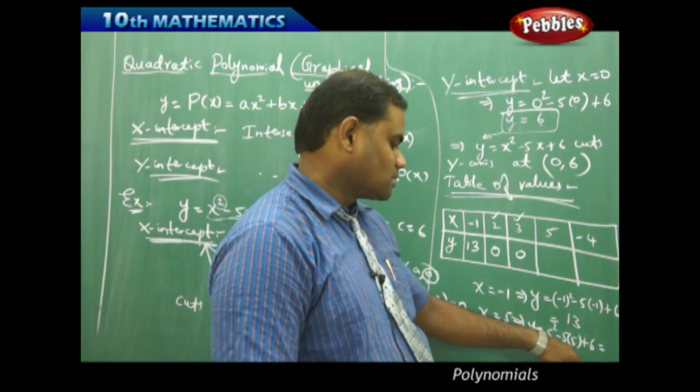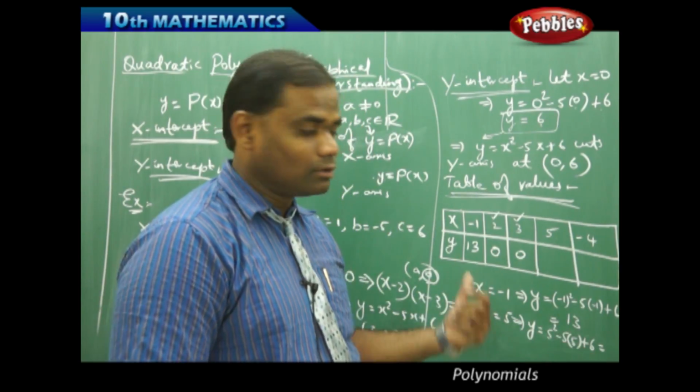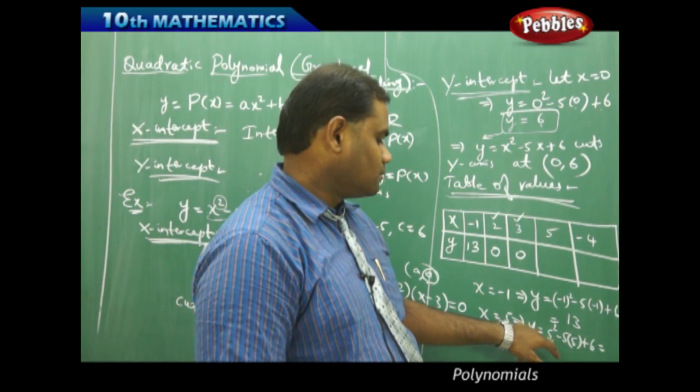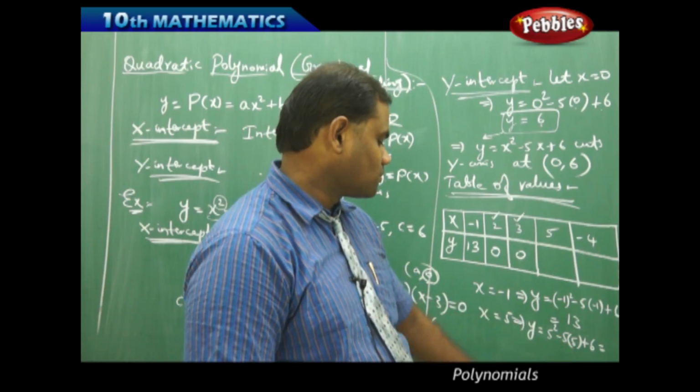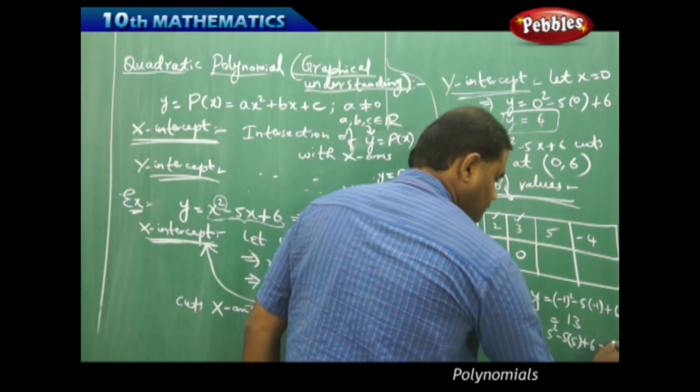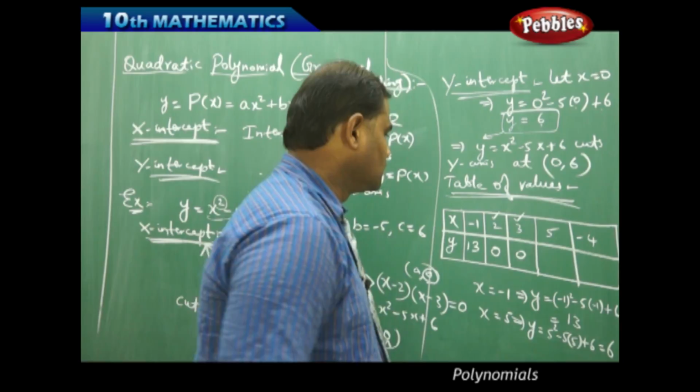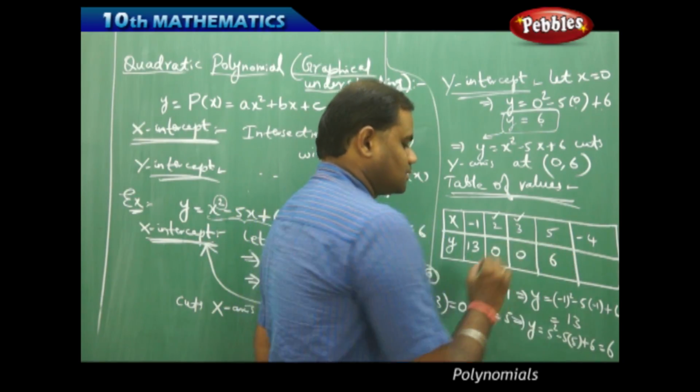So when x is 5, I substitute x equal to 5 in the given polynomial. I get 5 squared minus 5 times 5 plus 6, which is nothing but 6. Therefore, when x is 5, my y is 6.